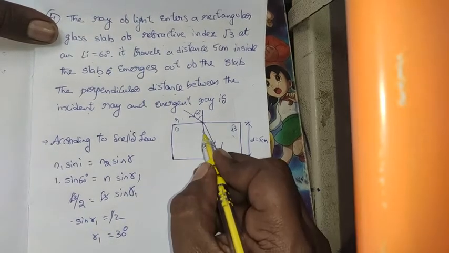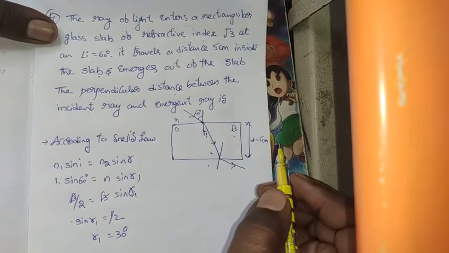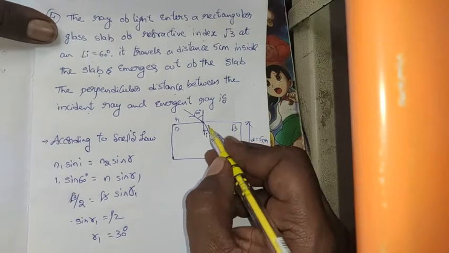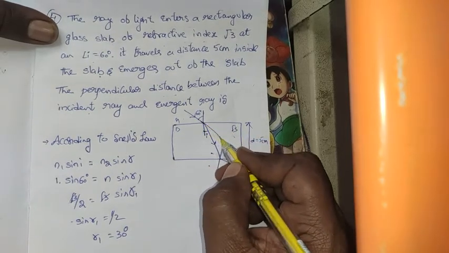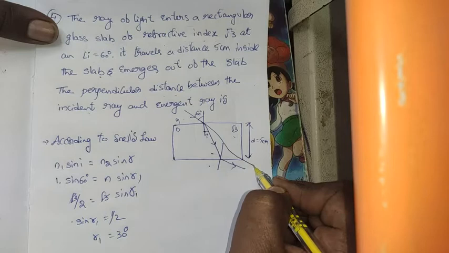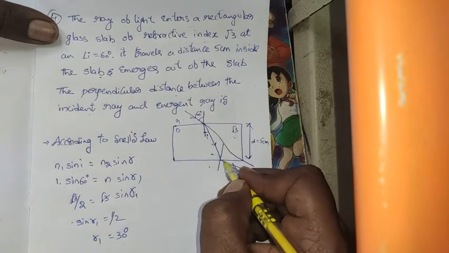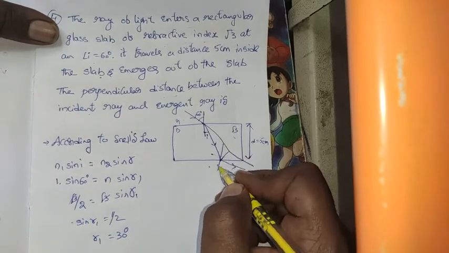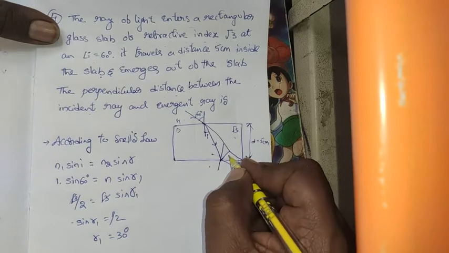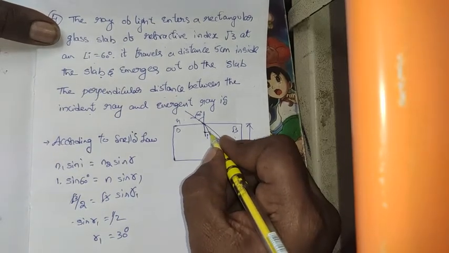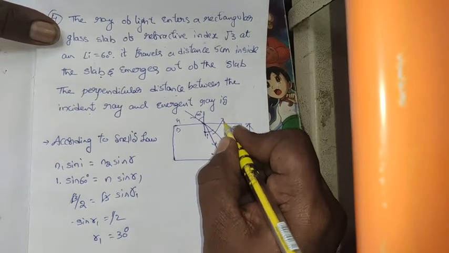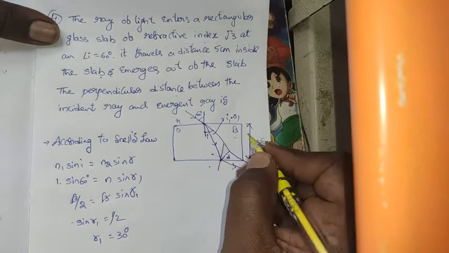If you observe here, this is the incident ray. If we extend this incident ray and draw one perpendicular line, this line is D. This angle is I1 minus R1.